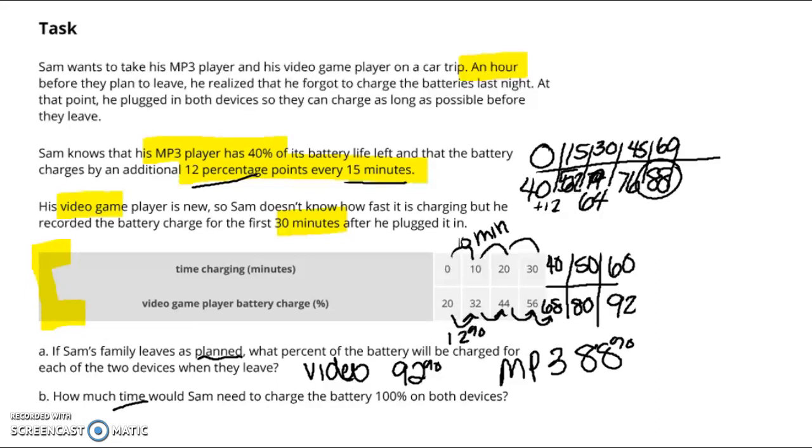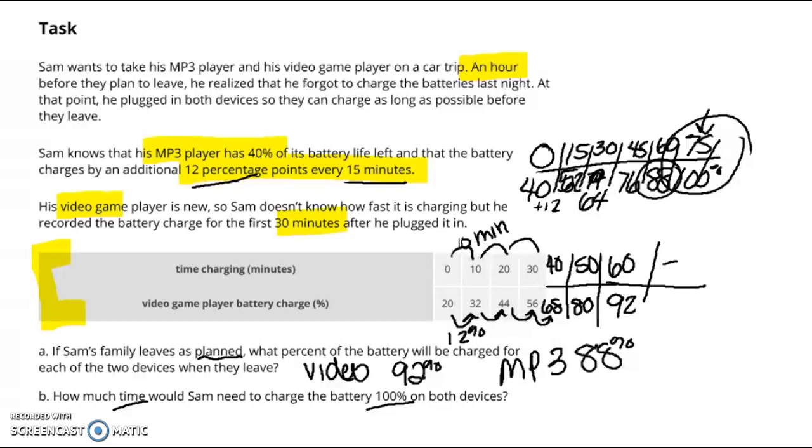Part B says, how much time would Sam need to charge the battery 100% on both devices? Well, let's look up at the MP3 player. If I add another 15 minutes, so I'm at 75 minutes, I would add 12 percentage points. So at 75 minutes, I'm 100% charged for the MP3 player.